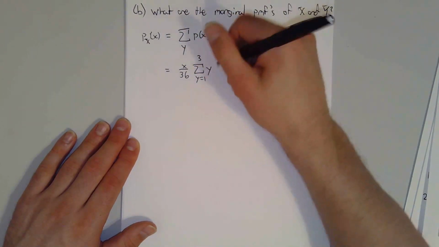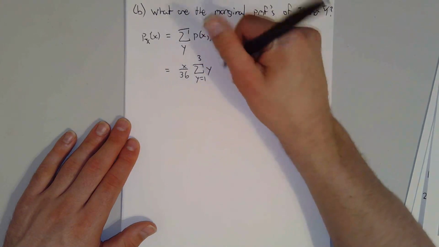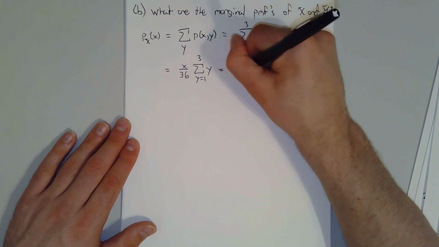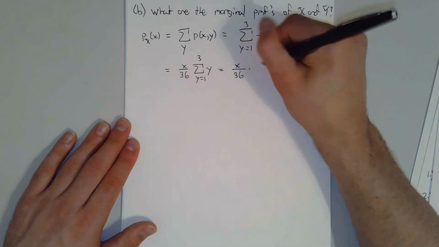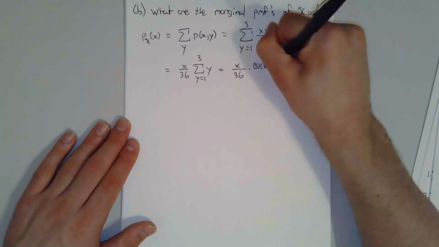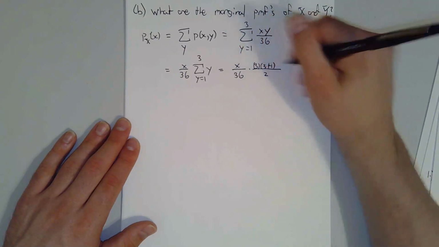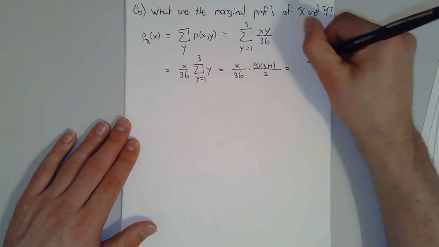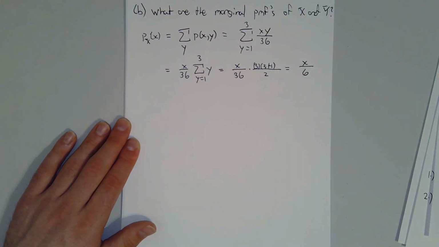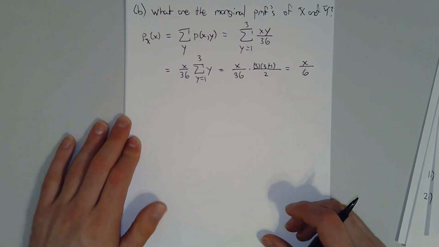As was seen last time, the sum is just equal to 6, using the formula that was used before: 3 plus 1 divided by 2 times 3, which all simplifies to x over 6. Two things need to be said.